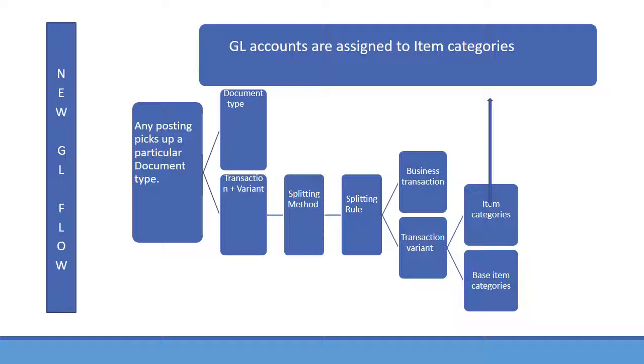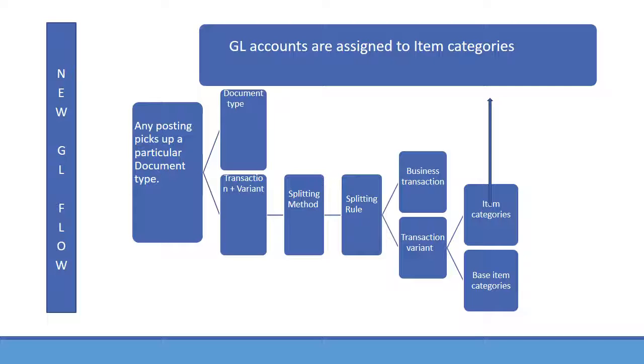So the item categories linked to the transaction variant define which base item categories are available for this variant, which has the business transaction, splitting rule, and splitting method link. All these will be taught to you through a live example. It's a pretty complex one, but thankfully they are all standardized. So you need maximum 5 to 10% tuning here and there.